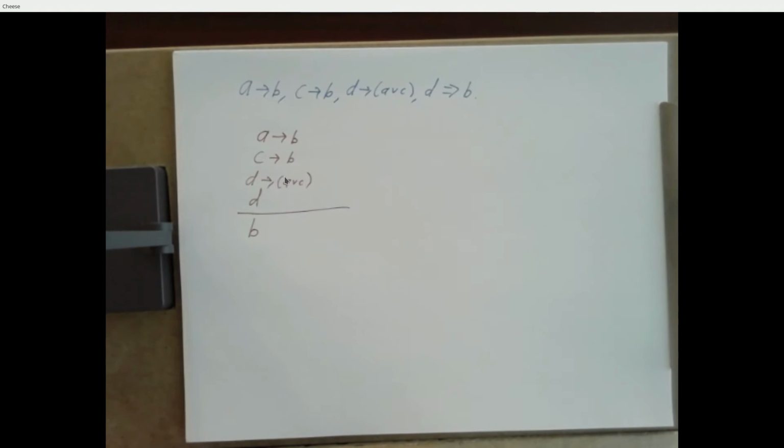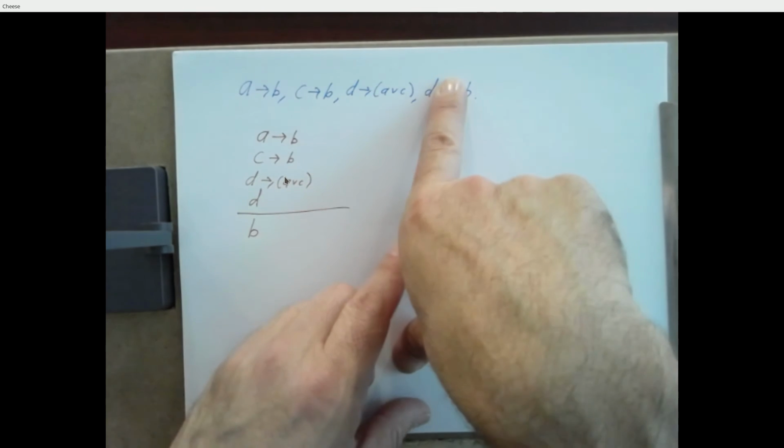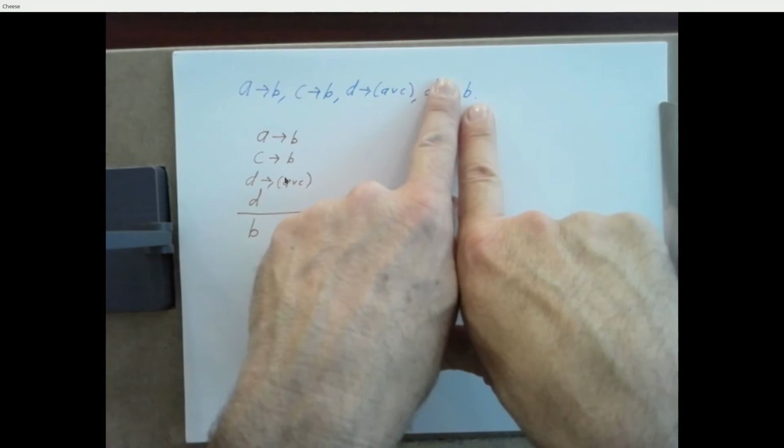It doesn't go the other way around, right? B doesn't mean that B implies the stuff on the left, no. It's directional. And there's nowhere here that it says D implies B, okay? This is breaking things up. So here are the 4 hypotheses, here's the conclusion.